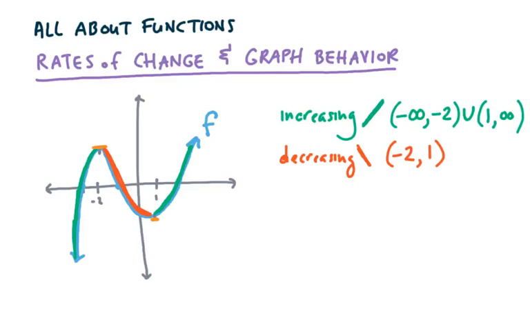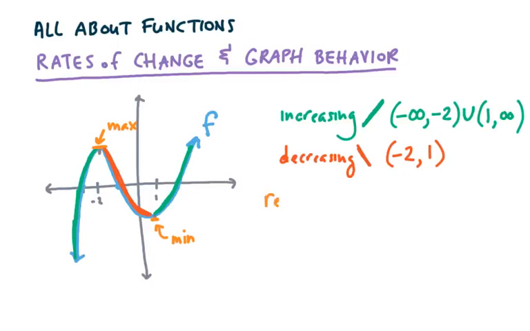The other two words I brought up were max and mins. Now, with the graph that I've drawn, it's not like this graph has an easy to identify total or absolute max or min, but we can see that there is a relative max point right here, right? Because relative to the points around it, it's a pretty high point. And similarly, we have a relative min right here because relative to the points around it, it's a low point.